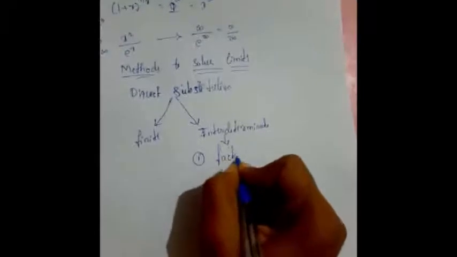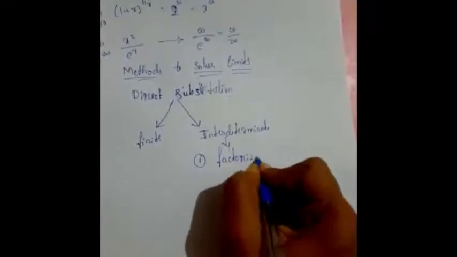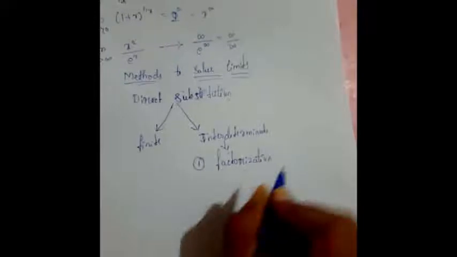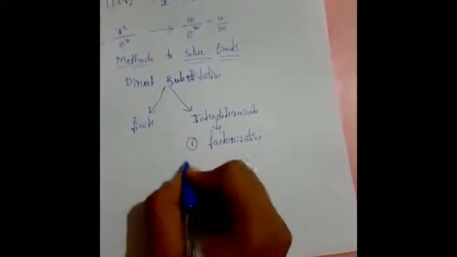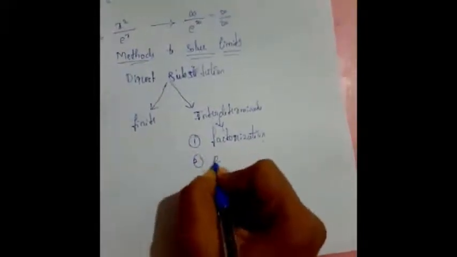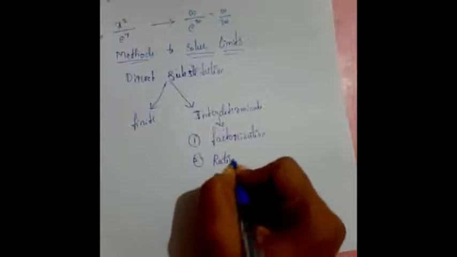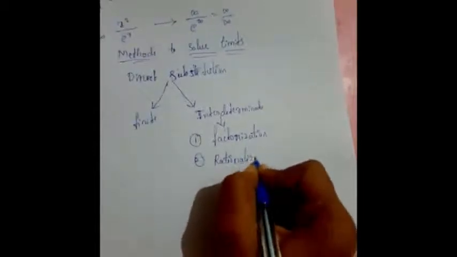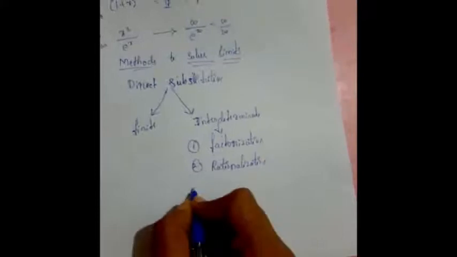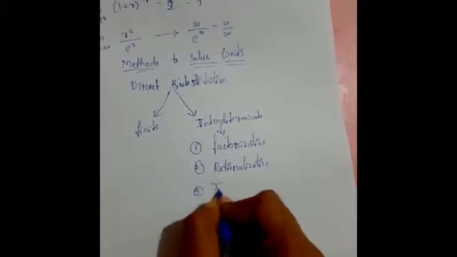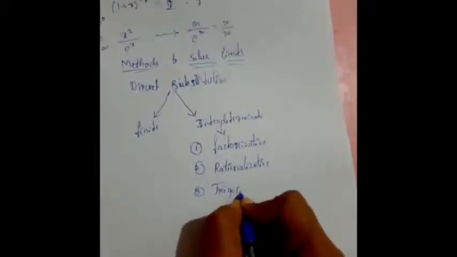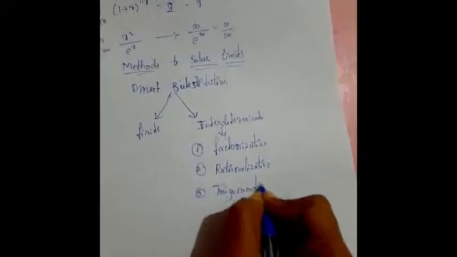The first one is factorization. The second thing is rationalization. The third thing is trigonometric limits.